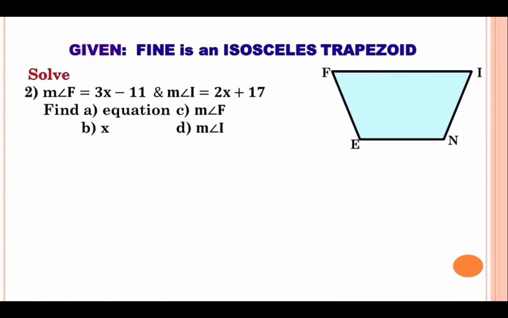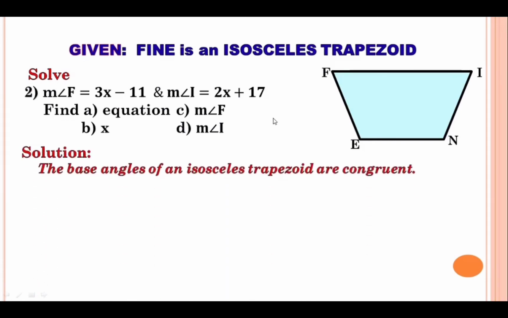Okay, next. Measure of angle F is 3x minus 11. Measure of angle I is 2x plus 17. Find the following. Okay, so angle F and angle I are base angles of the given isosceles trapezoid.